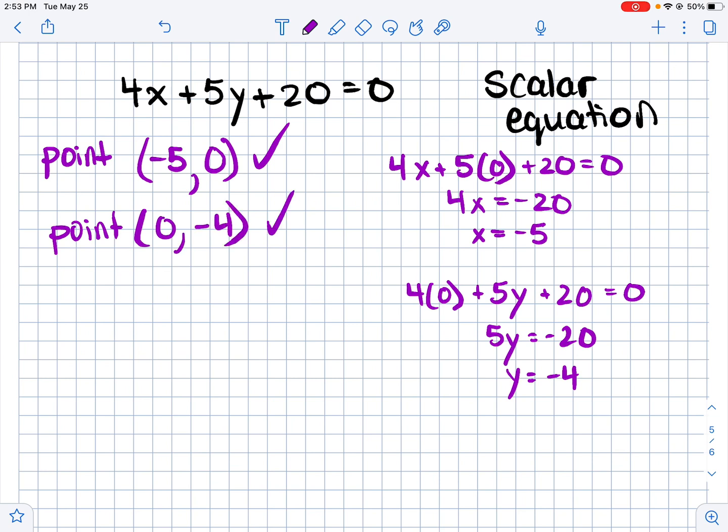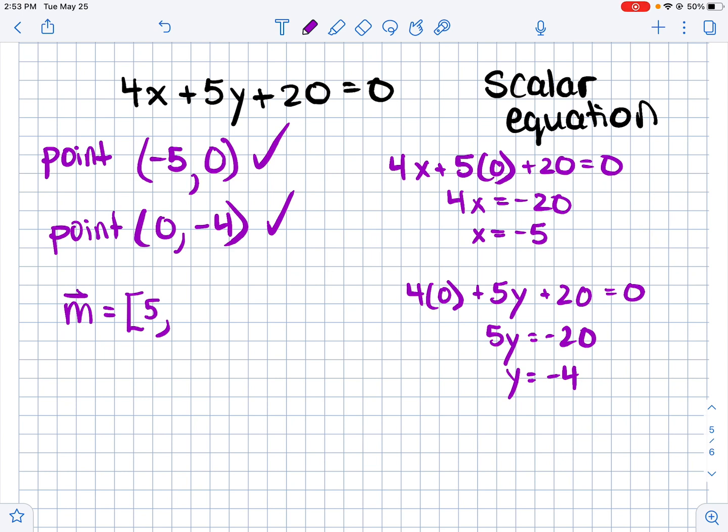So now I know 2 points. Now I could get a direction vector, right? Because if we have 2 points on a line, you can easily get the direction vector. Okay, so a direction vector, what was I calling that? m would be, I just subtract the x's and subtract the y's. 0 minus negative 5 would be 5.